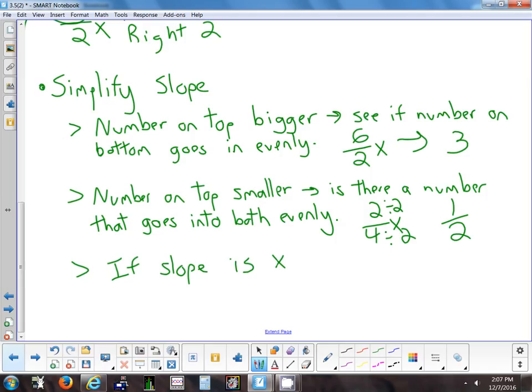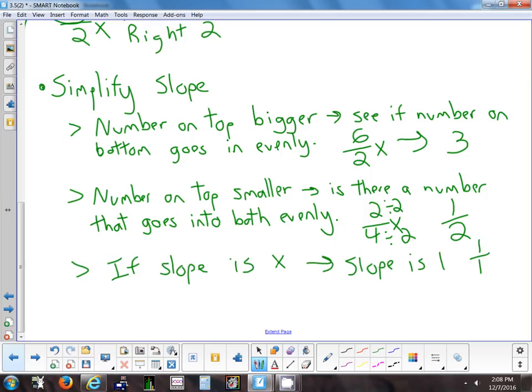If the slope is x, right? So we graph our y-intercept. But now we need our slope. If the slope is x, what does that mean the slope really is? 1. Slope is 1. Or, remember, it's 1 over 1.